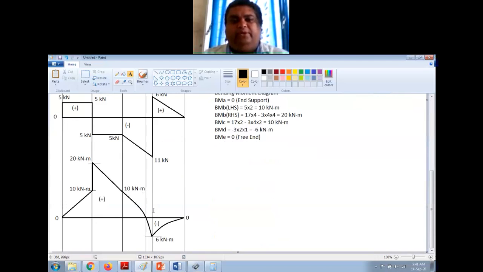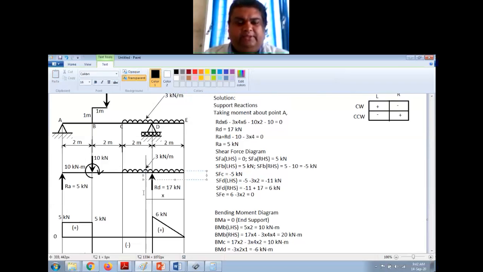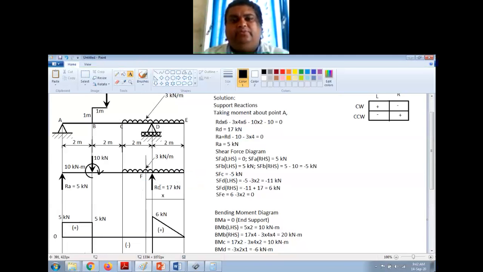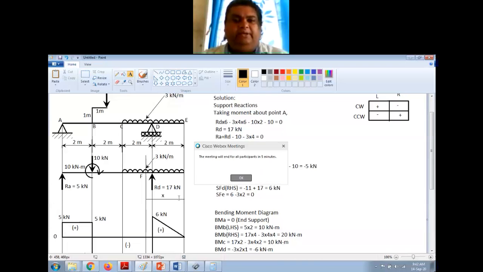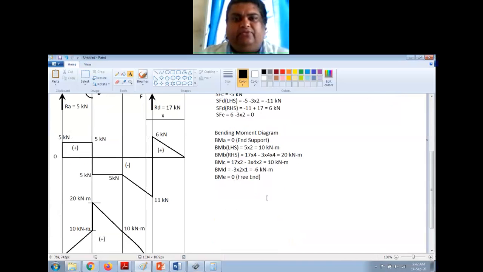I know it from the bending moment diagram, right? So BM at A, B, C, D, E, let me call this point as F. So BM at point F is equal to 0, and using that I will have to calculate. Okay, the session is going to end. I'll just write the formula here.